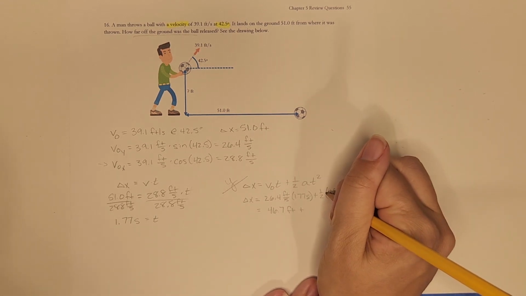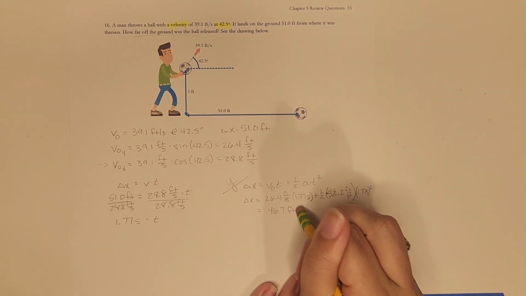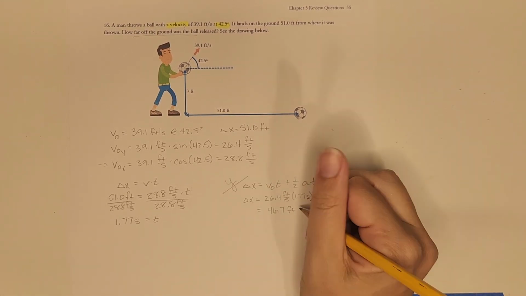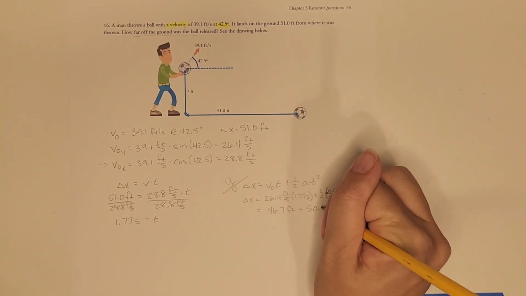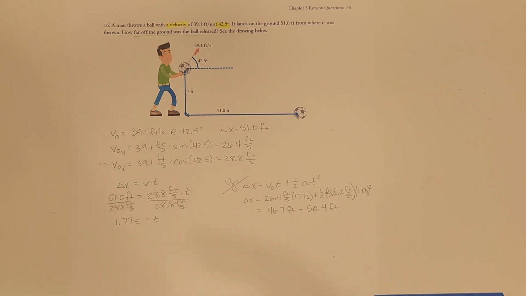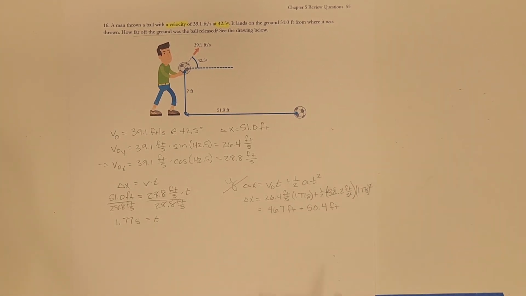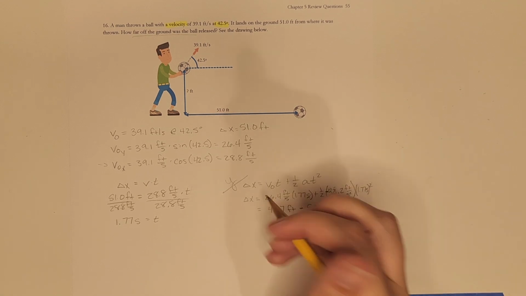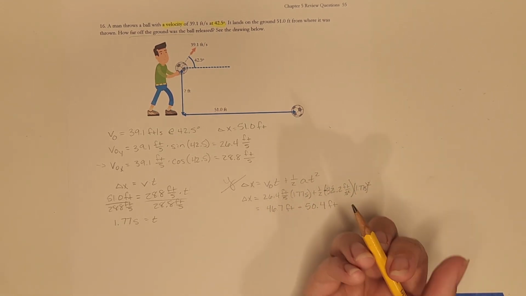I didn't include the negative here, but this 32.2 feet per second squared is negative, and so instead of a plus, it's going to be minus 50.4 feet. Again, that's because the seconds cancel. We're left with feet. And if you don't have the same units here, you've done something wrong.